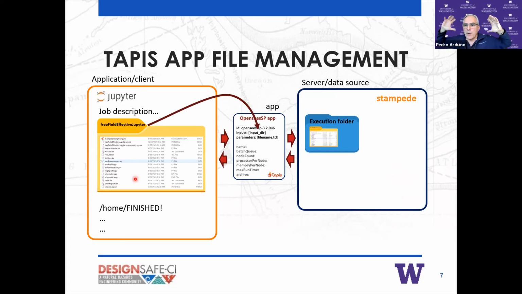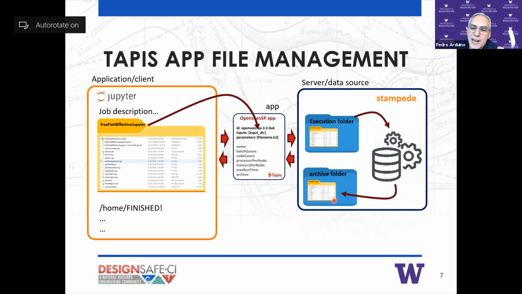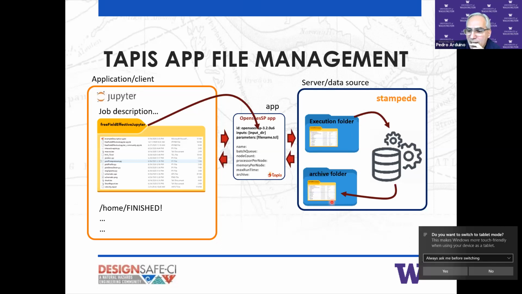That's where the big monster comes and says, oh, I have this folder, I do all the runs here. It takes all that information, does all the run, and then it's going to write things into an archive folder. Now, this archive folder is not the same as the folder where you have information. So you have to be careful here, because when you are looking at the output, you need to know where the output is.